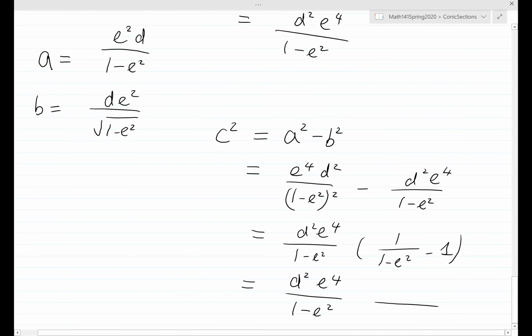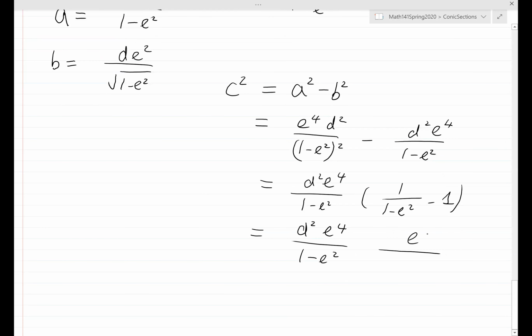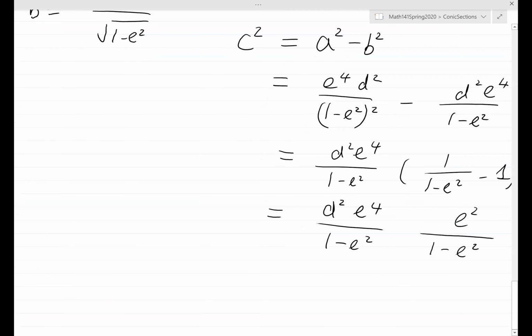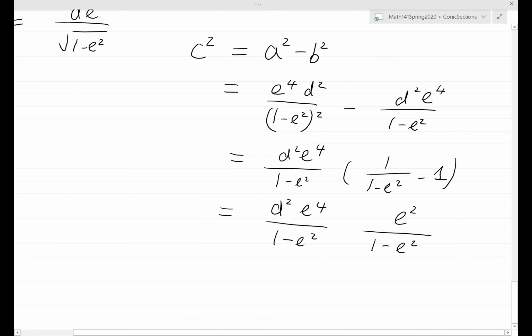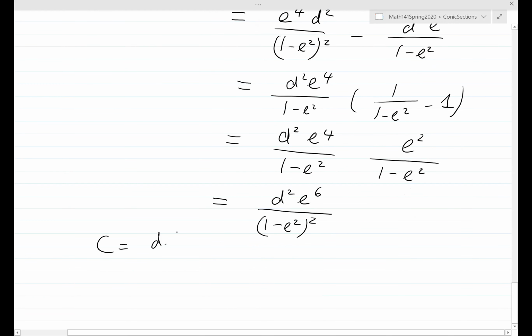Sorry, the other way around. Yeah, this is correct. This actually we get e squared (y minus e squared). Try to use a common denominator, then we get that thing. So we get d squared e to the 6 over (y minus e squared). So c will be d e to the 3 over (y minus e squared).